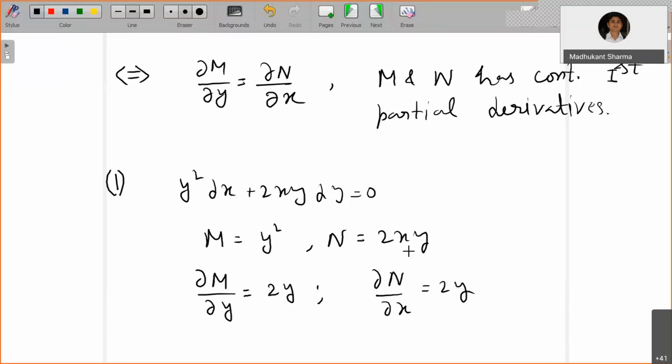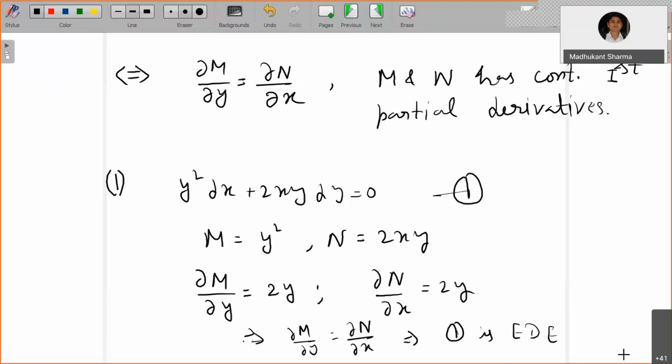So ∂M/∂y equals ∂N/∂x, and you can certainly say that equation 1 is an exact differential equation.